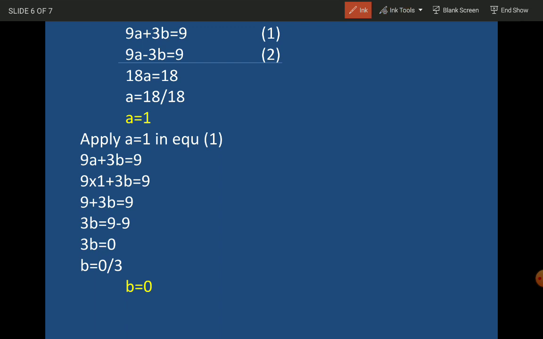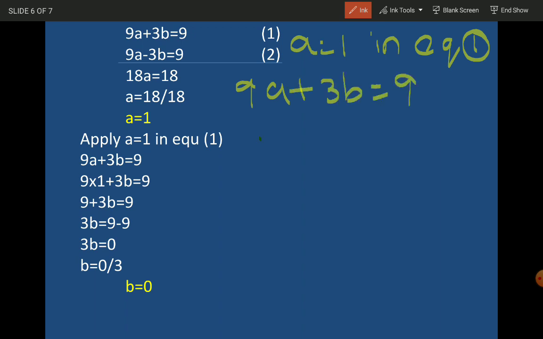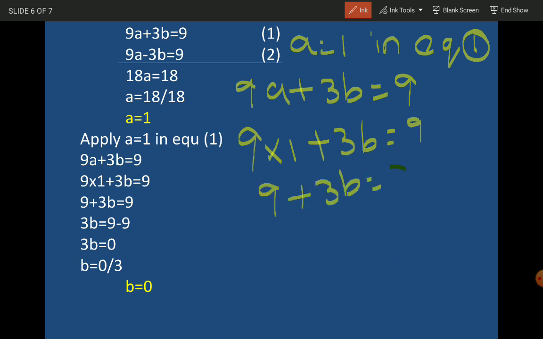We apply a is equal to 1 in equation 1. Equation 1: 9a plus 3b equal to 9. 9 into a value 1 plus 3b equal to 9. 9 plus 3b equal to 9. 3b equal to 9, the plus 9 is transferred to minus 9.